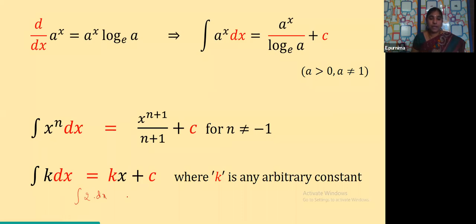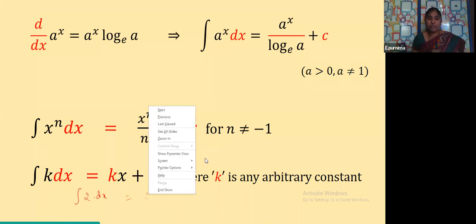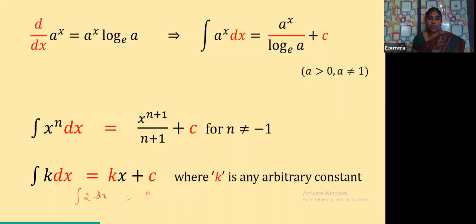I can take the 2 outside, so it is 2 into 1 into dx. 1 into dx is nothing but x. So it is 2x plus c. Clear, children?